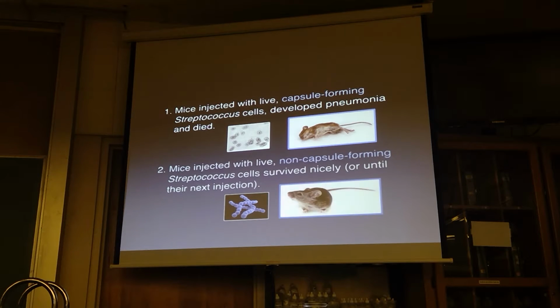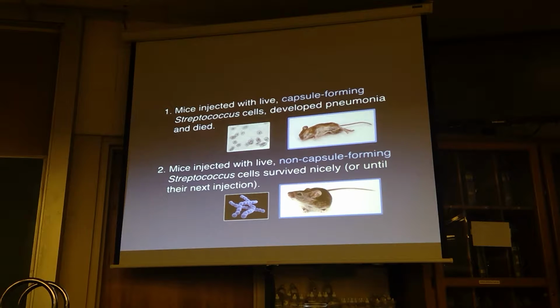On the other hand, you could use non-capsule forming Streptococcus, and even if they were live, if you put those into mice, they didn't kill the mice. The mice lived fine, or at least they lived fine until the next injection. That was probably a different part of the test. So here's a question for you. Why? What's the difference between capsule forming strep and non-capsule forming strep? Do you remember what capsules are for?